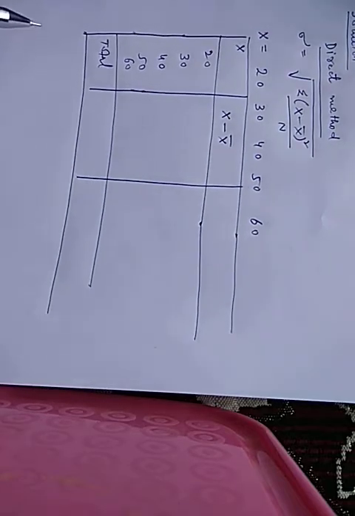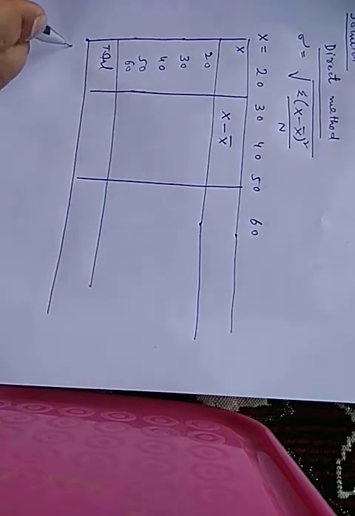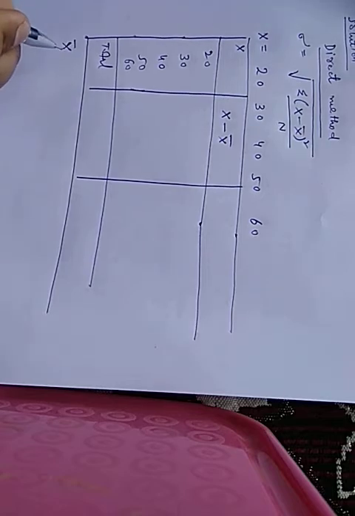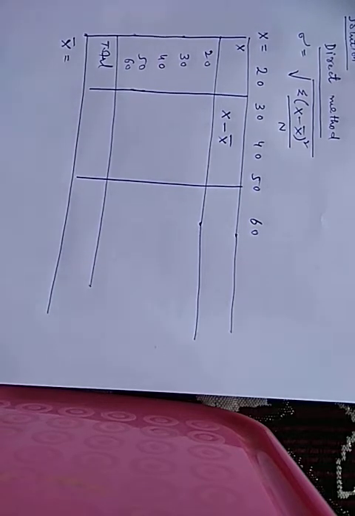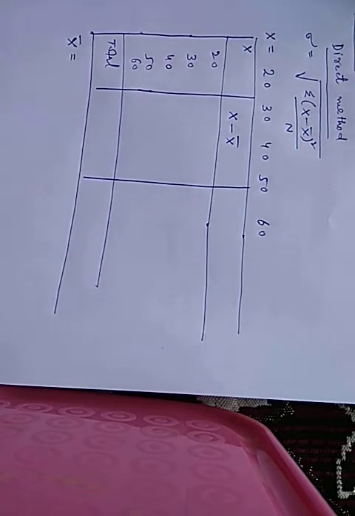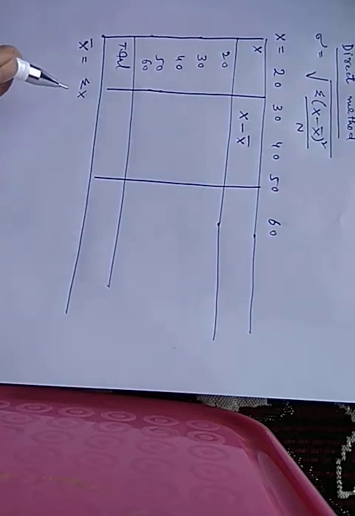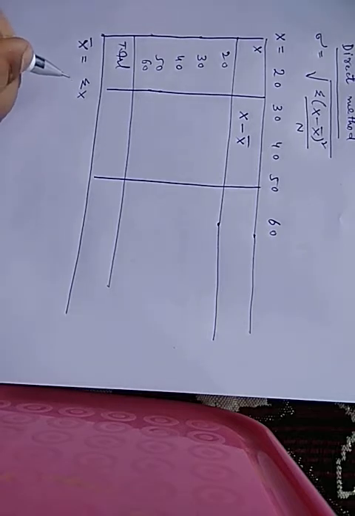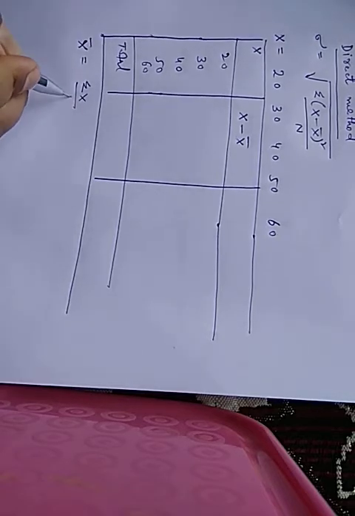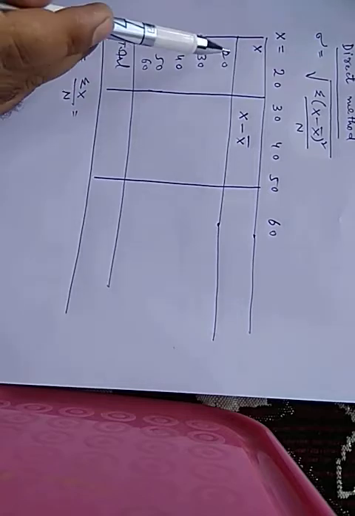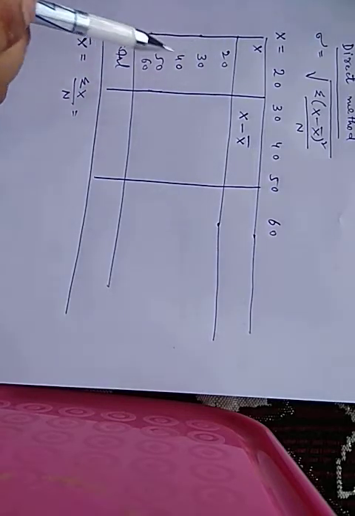First we have to calculate the value of arithmetic mean x bar, which is equal to sigma x, where sigma shows summation of x values, summation of values of variable x divided by n.